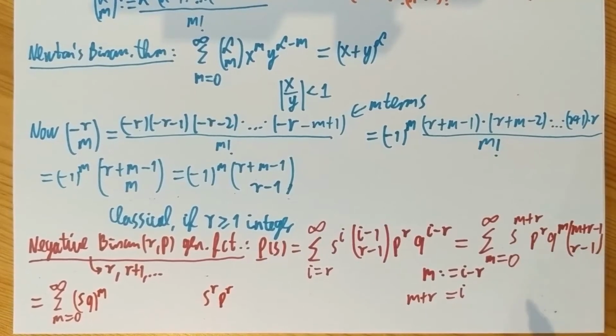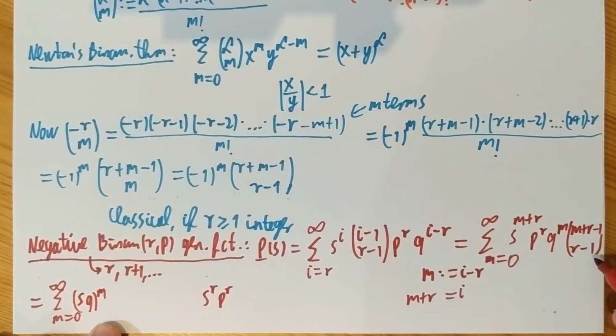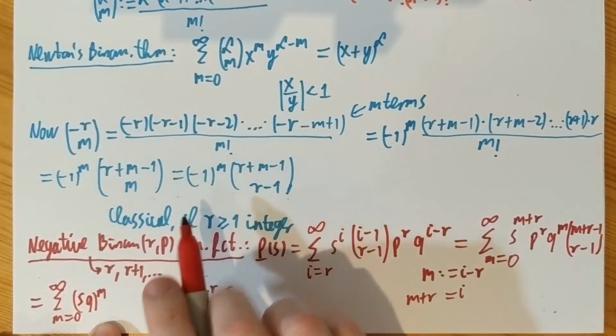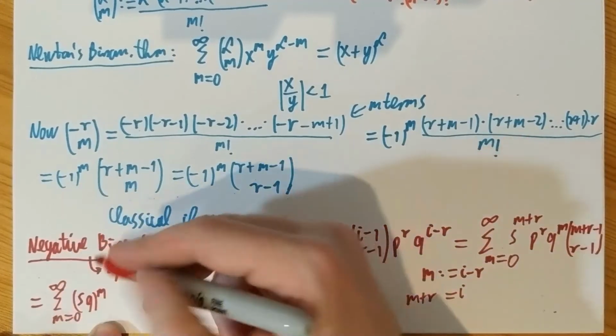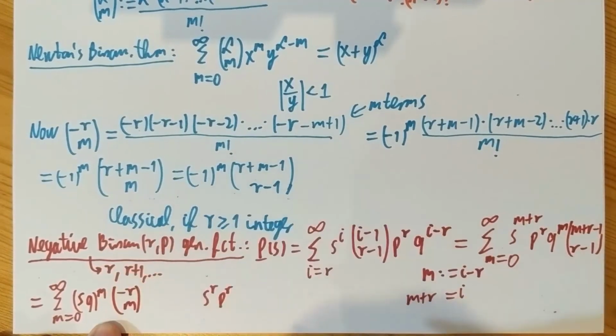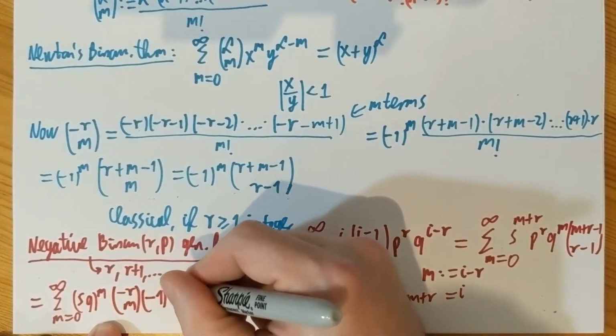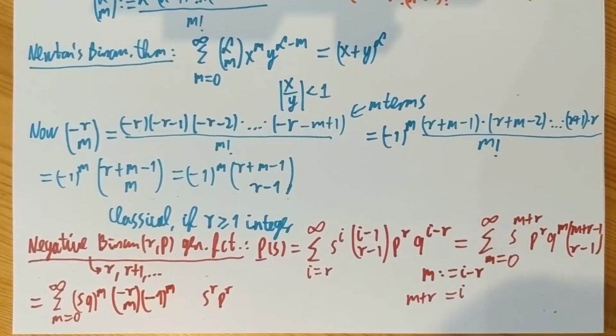So now I have all my powers: s to the m, q to the m, s to the r, p to the r. And then I have the m plus r minus 1 choose r minus 1. That will give me a minus 1 to the m times minus r choose m, and also minus 1 to the m. Okay, and now I have all terms.